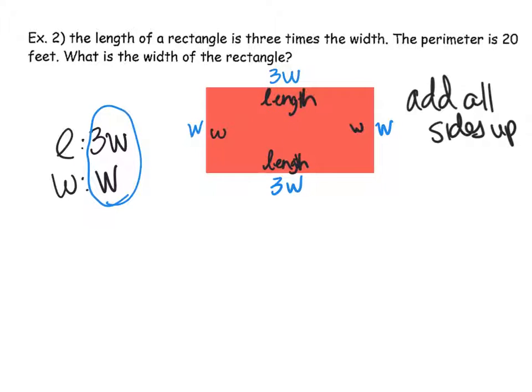Now I need to add up all the sides. It's perfect. I have all these W's. Here we go. In blue. It doesn't matter where you start. Just make sure all 4 sides get added up. When you add up all 4 sides, you get 20.